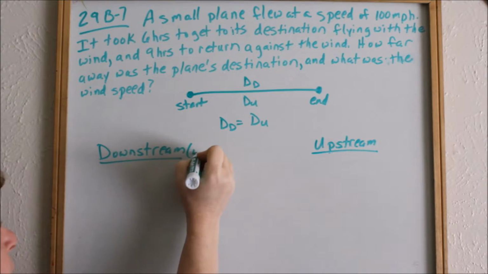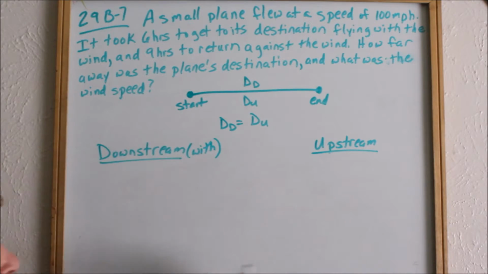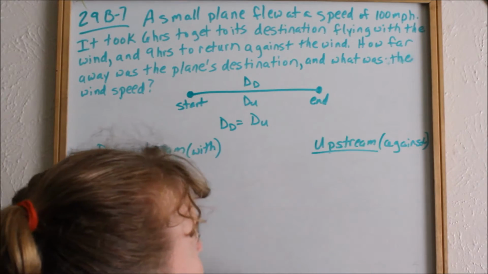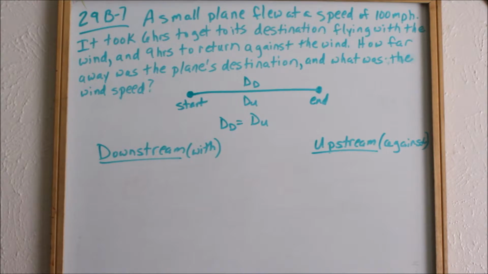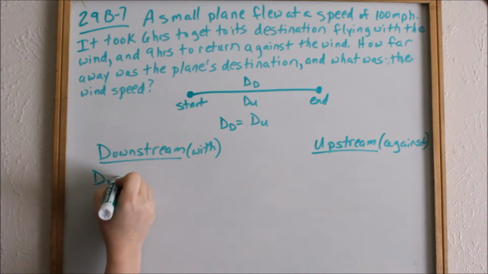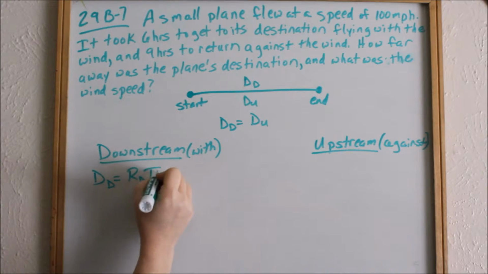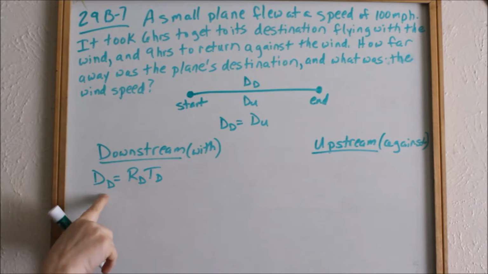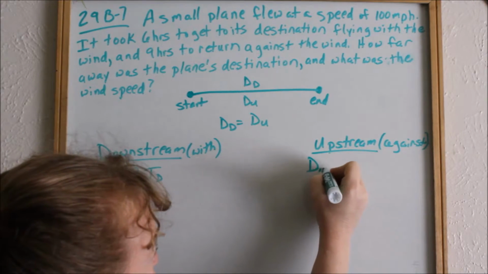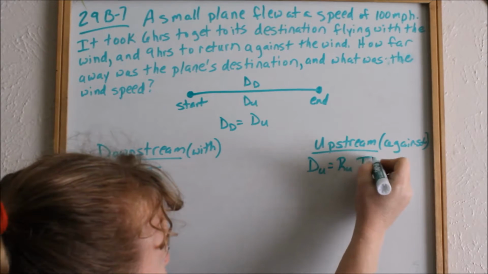Downstream is with the wind and upstream is against the wind. Doesn't matter if you're in water or you're in wind, it's the same philosophy. So for downstream we can say the distance equals rate times time. That's everything for downstream. That's why they all have a subscript of D. Now, distance for upstream equals rate times time.